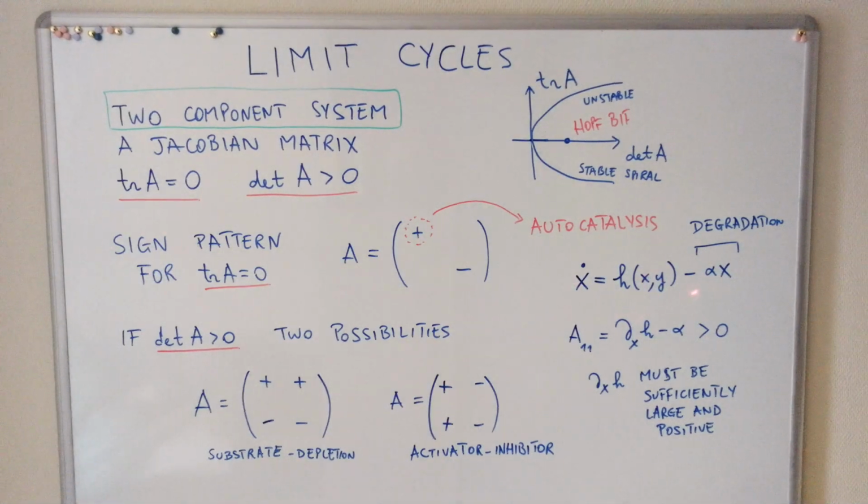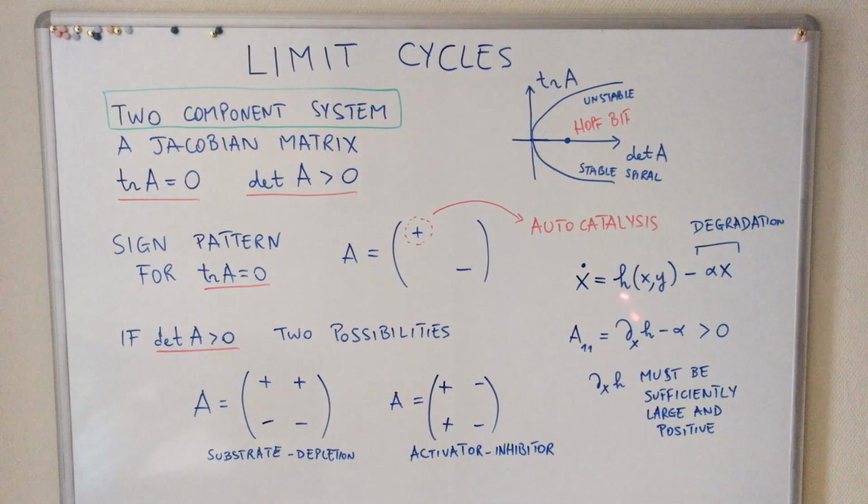Therefore, to get the positive term in there, one must have that the derivative of this h is such that the element 1, 1 of this matrix, which is given by derivative of h minus alpha, has to be positive. So the h must be sufficiently large and positive for this to happen.